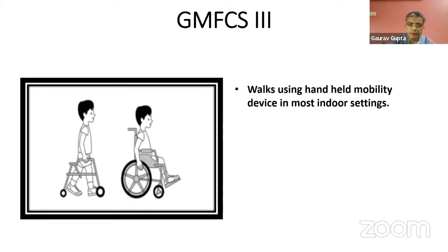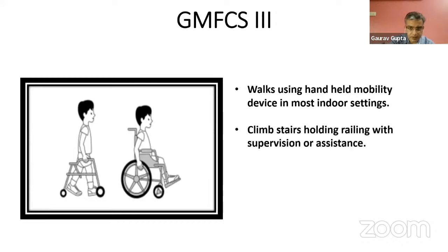He does not need physical assistance, but he needs a mobility device. He is using the railings to get up or get down the stairs, and he needs physical assistance also while stair climbing up or down.